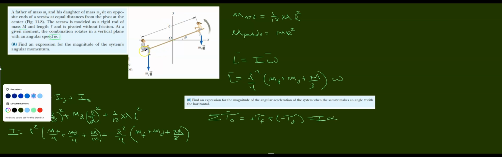So remember that to calculate torque, what we want is the perpendicular force to the lever arm, which is here. Same thing here, we want the perpendicular force, right here.